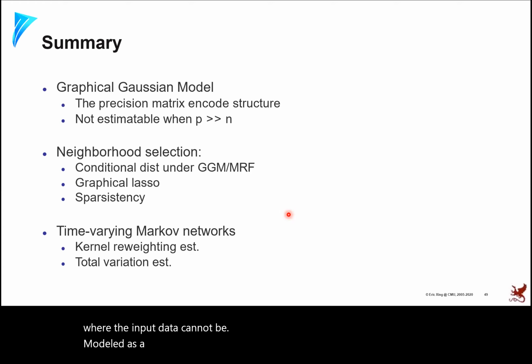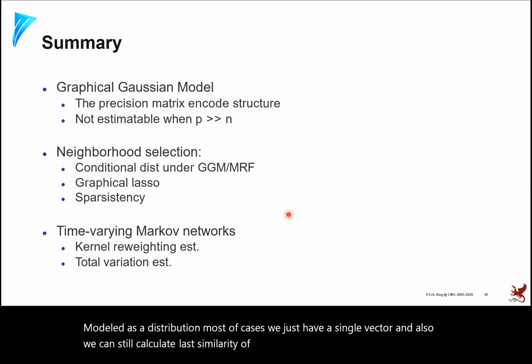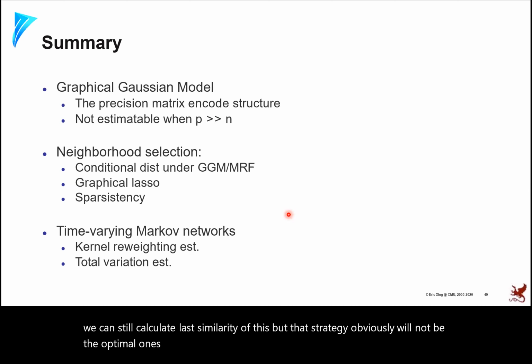In most cases we just have a single vector, and although we can still calculate a similarity, that strategy obviously will not be optimal for good graph structure data.